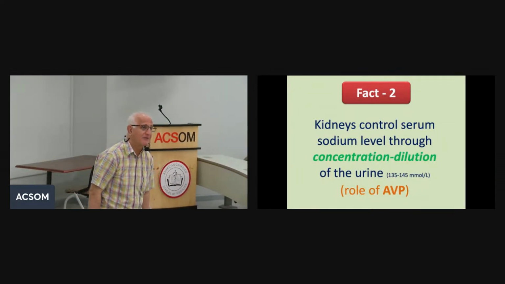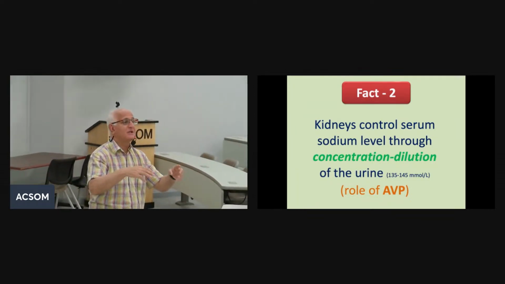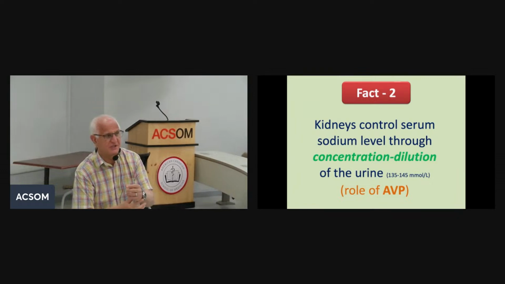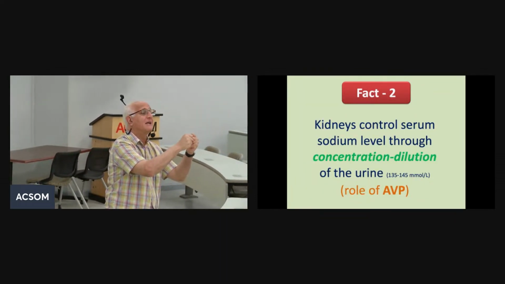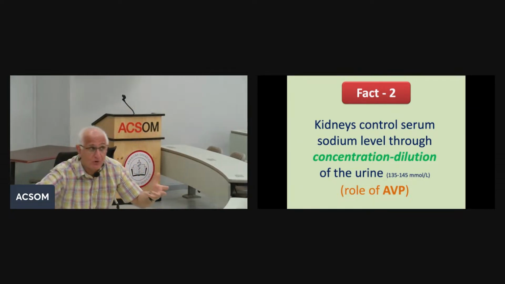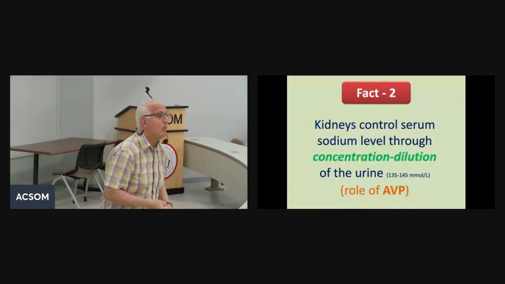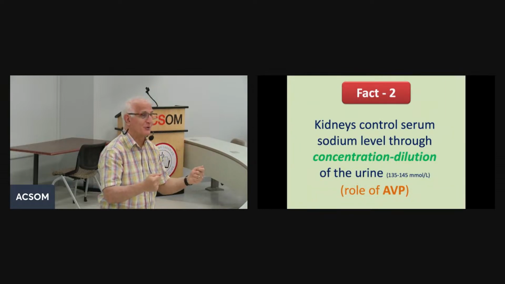Antidiuretic hormone. Have you heard of it? Antidiuretic hormone is in the brain, comes into the kidney, goes to the distal part of the kidney, the collecting duct, and reabsorbs all the water that is in the collecting duct. So the more AVP, the more reabsorption of the water.